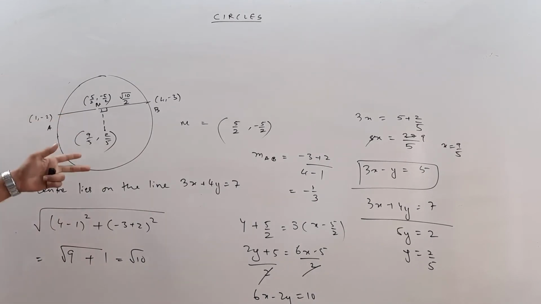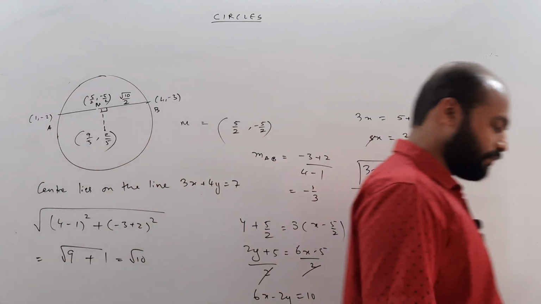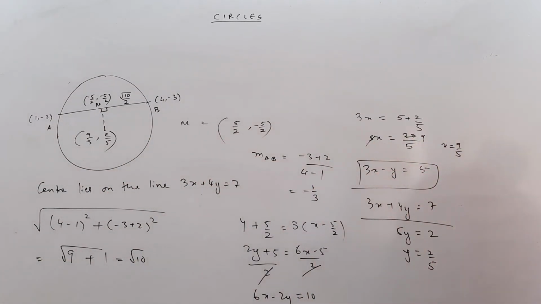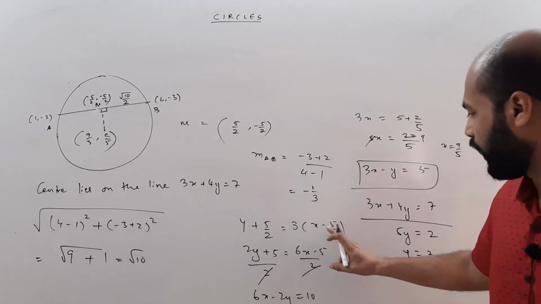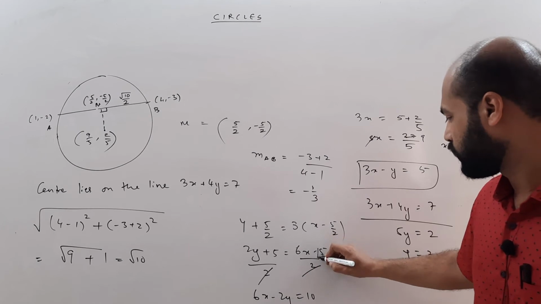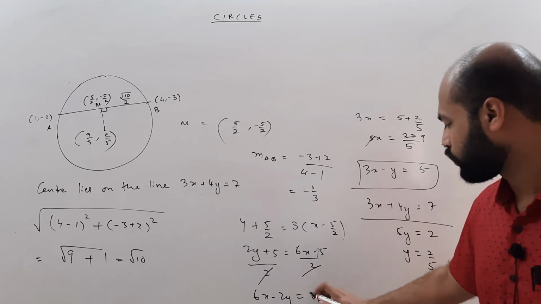Now once we have found this, the rest of the part is really simple, because now all that we have to do is find the radius. There is a slight error, however, over here. So this is going to be 5 3s are 15. So this is going to be 15, and then overall this is going to be 20.